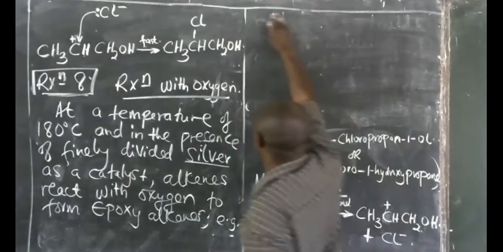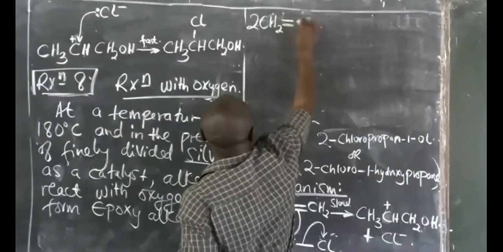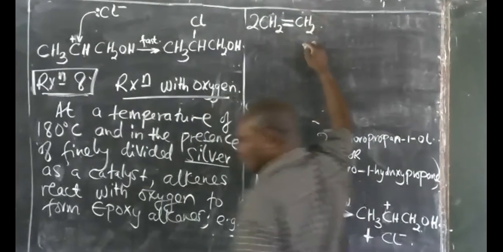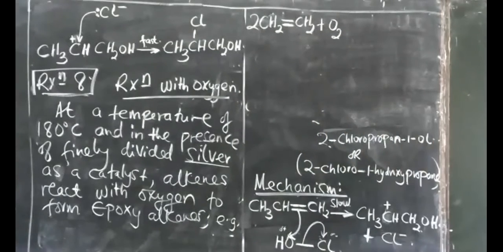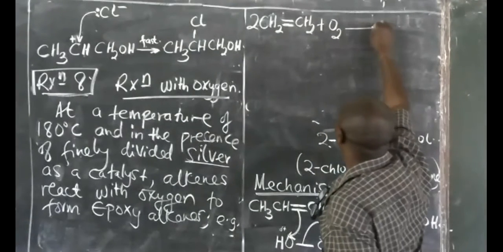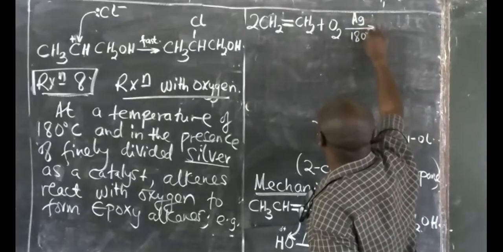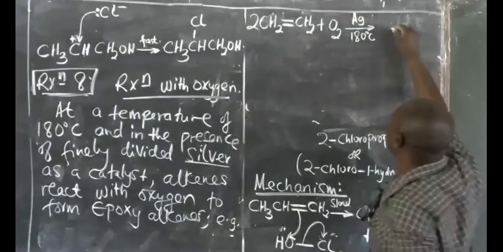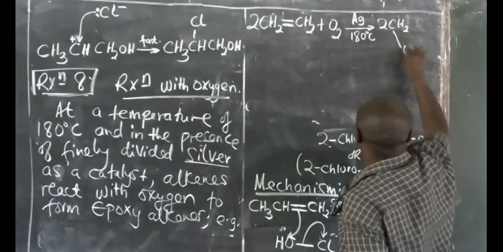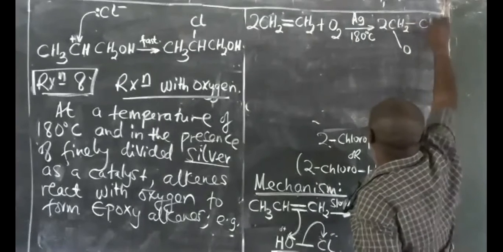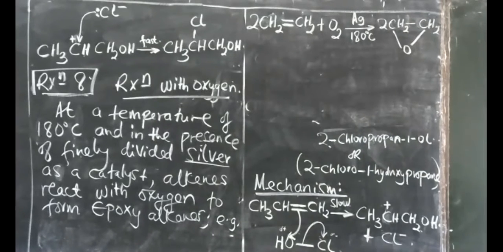We have CH2 double bond CH2 plus oxygen, at a temperature of 180 degrees centigrade in the presence of silver, is going to give us CH2-O-CH2, which is epoxy.